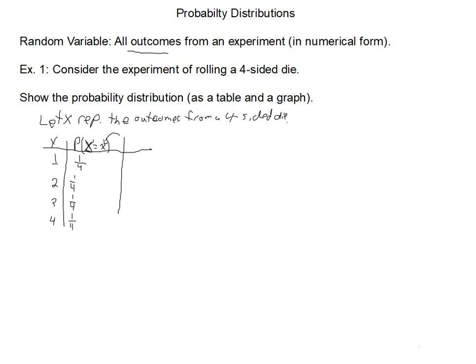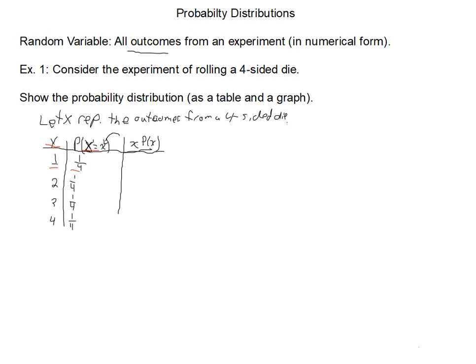The last column here is a column for x times the probability of x. In other words, we're going to multiply these two columns over here. So here we'll do the 1 times the fourth, and we will write that product over there.